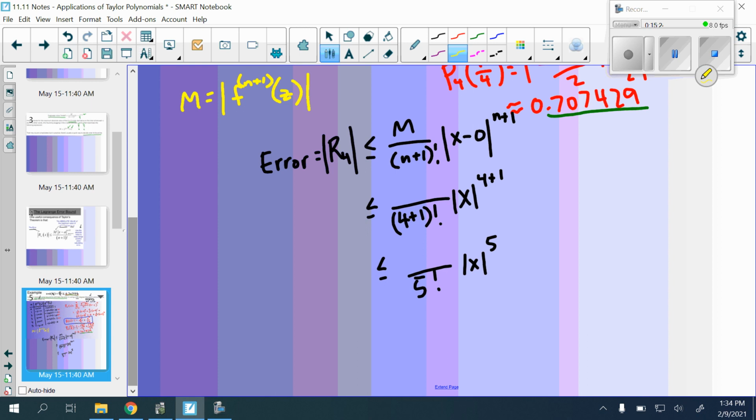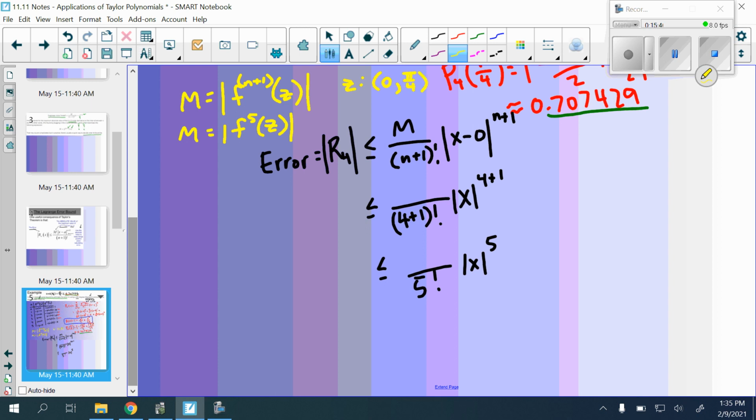Well, if we're using 4, that means our M here is going to be the absolute value of the fifth derivative of this on z, where z can be anything on the interval from 0, because we're doing a Maclaurin one, to our value of pi over 4.